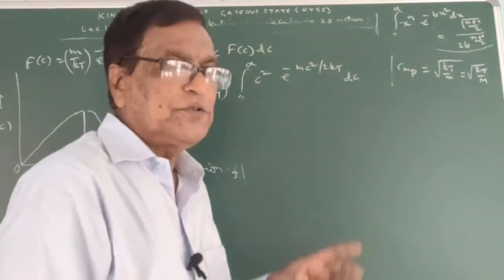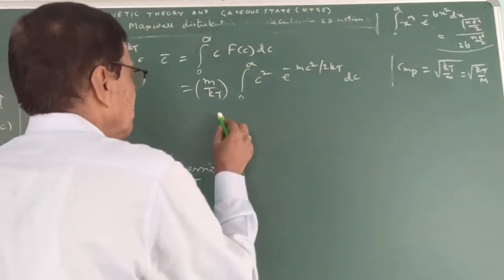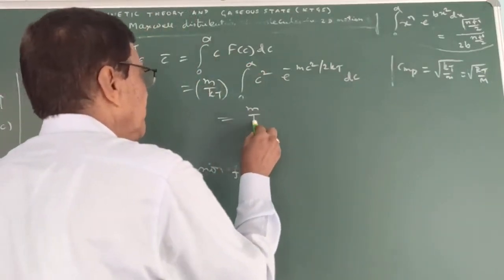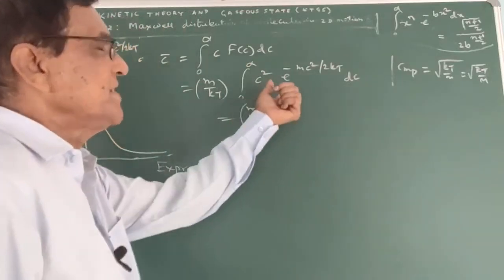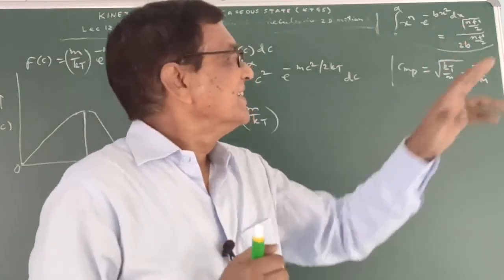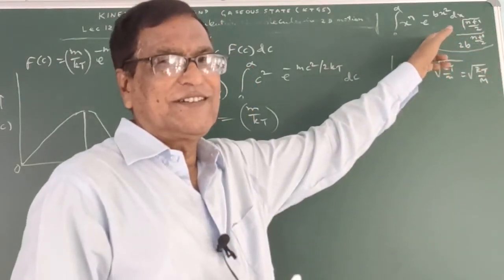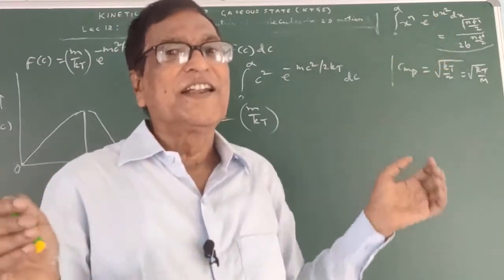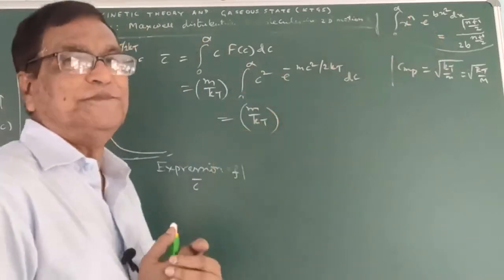Now we are going to calculate this average speed. So m by kT, and here this integration you can solve by the use of this gamma function. Here are the expressions of the gamma function to evaluate the standard integrals. Here n equals 2.